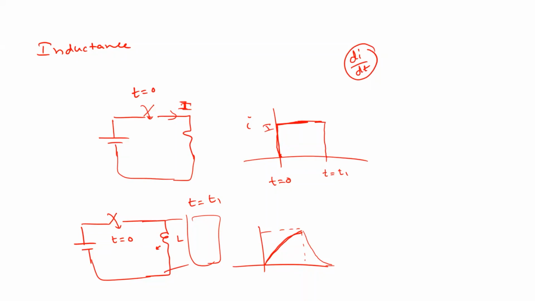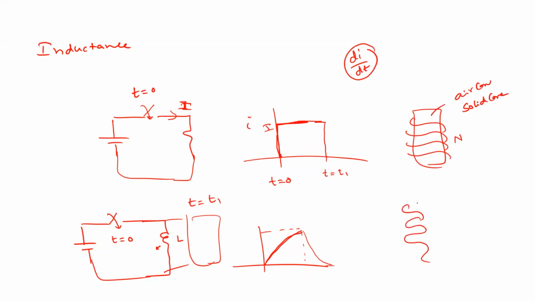Now how is this inductor built? Here you have some core material with a winding wound on it. It may be an air core, meaning the winding is there and nothing is inside, or a solid core, where the winding is placed on some solid object.